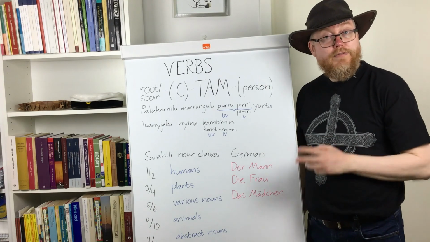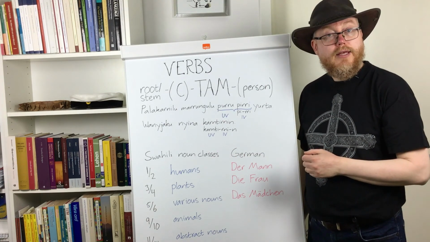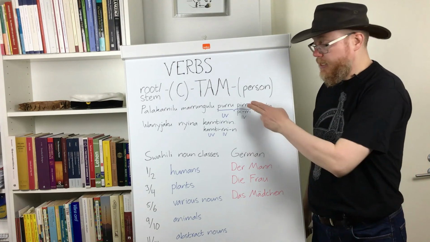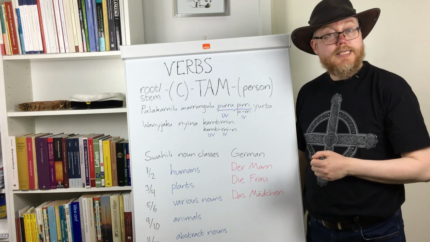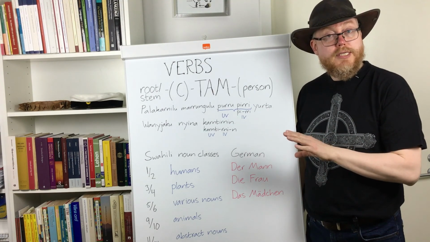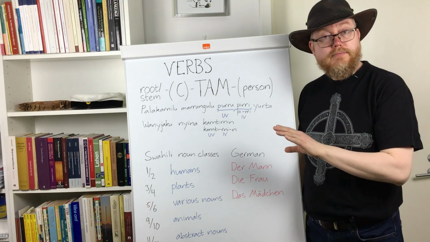And a system of verb classification is the same thing. You get a number of different classes, 10 to 15 usually, as I said. And in the classes you have verbs with specific semantic content.